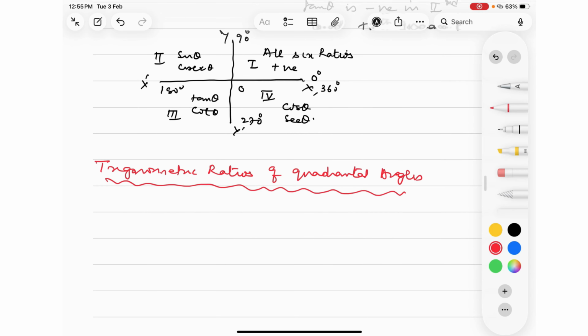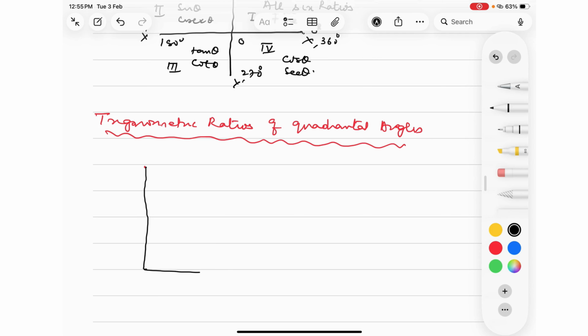Trigonometric ratios of quadrantal angles means finding the value of sine 0, sine 90, sine 180, sine 270. Similarly cos 0, cos 90, cos 180, cos 270, and similarly for tan. To explain this point, we can design one table.